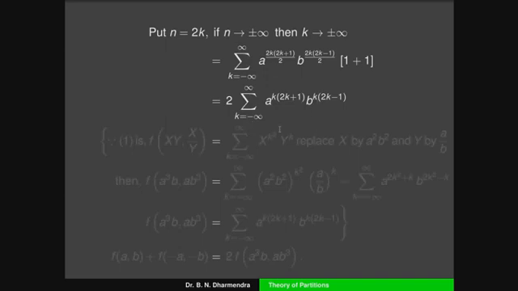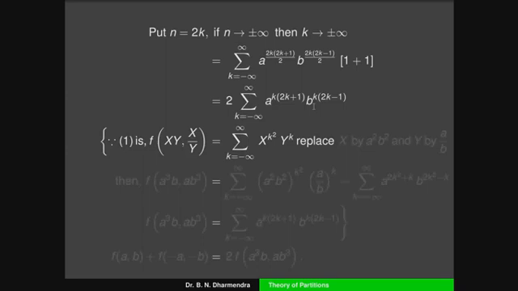By using today's first result, that is equation 1, f(xy, x/y) is equal to the sum over k running from minus infinity to plus infinity x to the power of k square into y to the power of k.